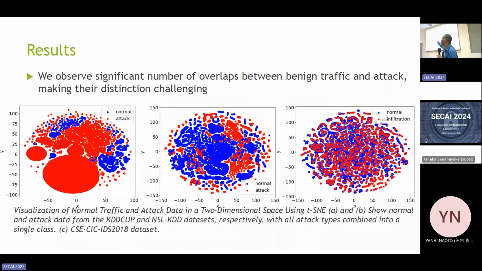And we can see it in this projection that we have here. You have clusters of attacks that are clearly separated from the normal traffic, compared to recent attack vectors, where they really overlap. So yeah.